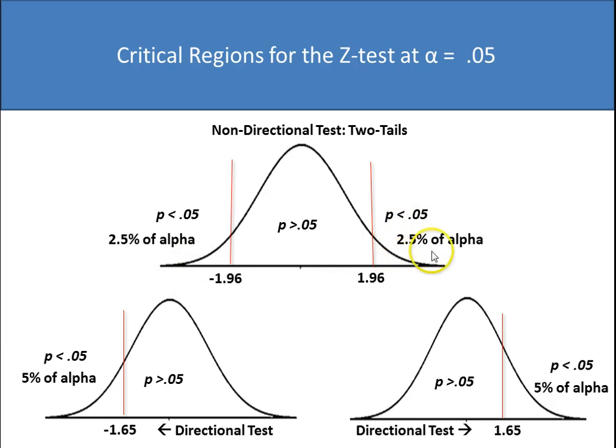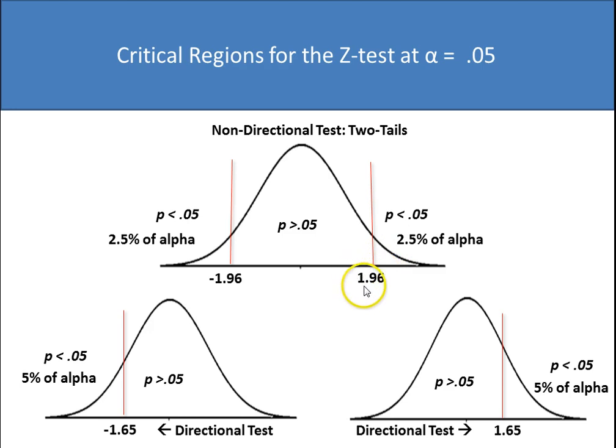Notice that everything to the right of this line and everything to the left of this line, these are our critical values that are separating low probability from high probability.